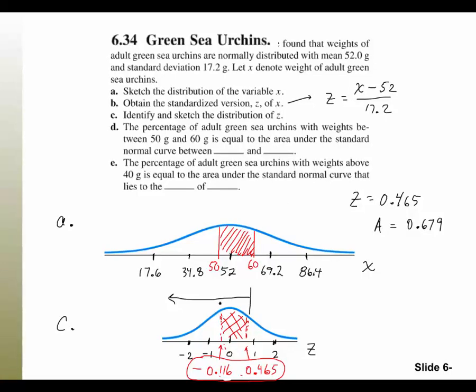We have to get rid of this part of it, that area. So what do we do? Negative 0.116. You're going to look on the left chart. You're going to do the same thing. You're going to go to negative 0.1, and that's almost all the way to the bottom, second to last row, right?